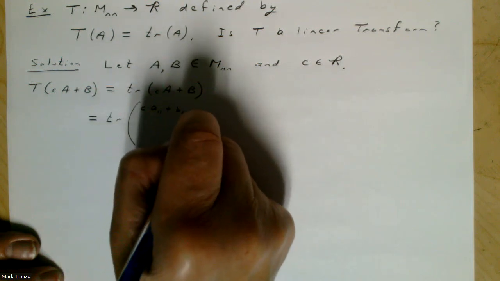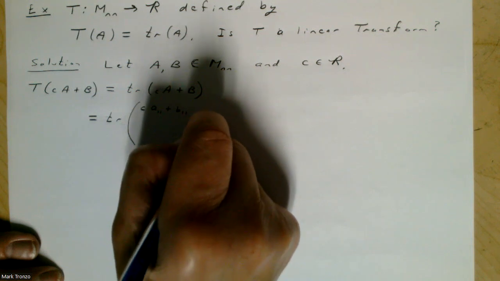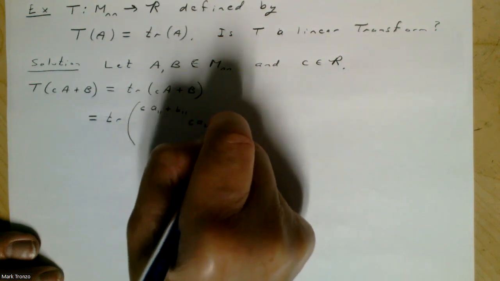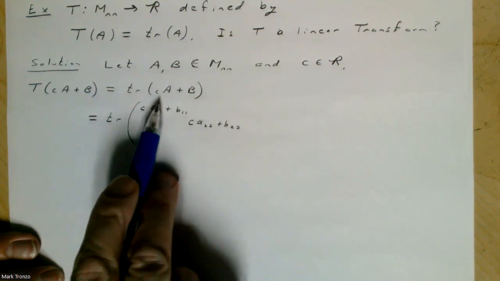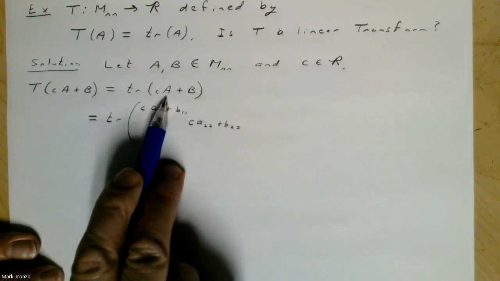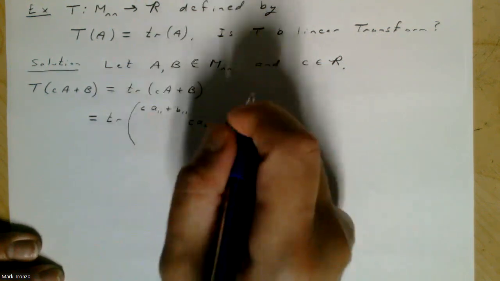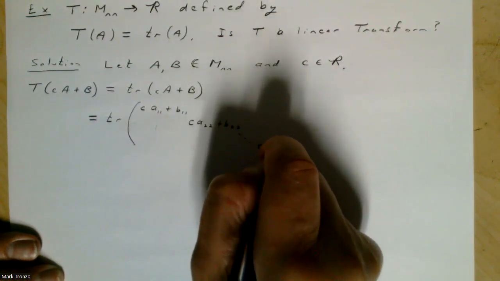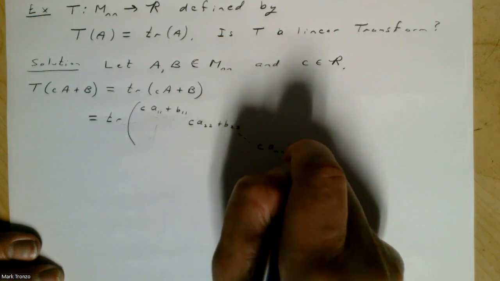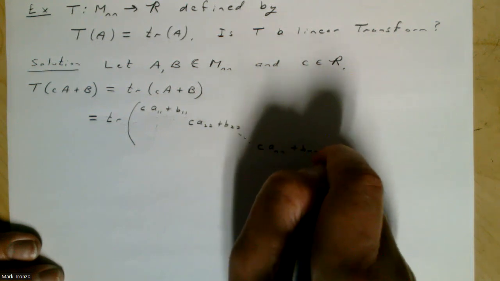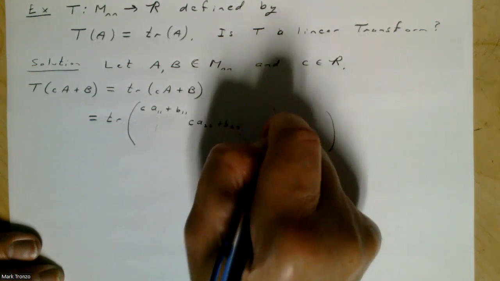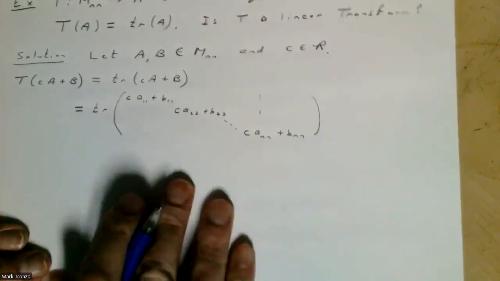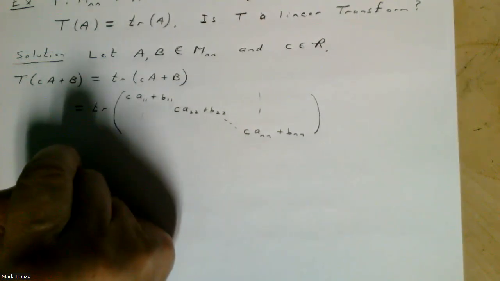cA22 plus B22, because we're going to add these two matrices together. First multiply A by c, add them together all the way down to cAnn plus Bnn, like this. The other ones aren't going to matter. So again, remember the trace is the sum of this.